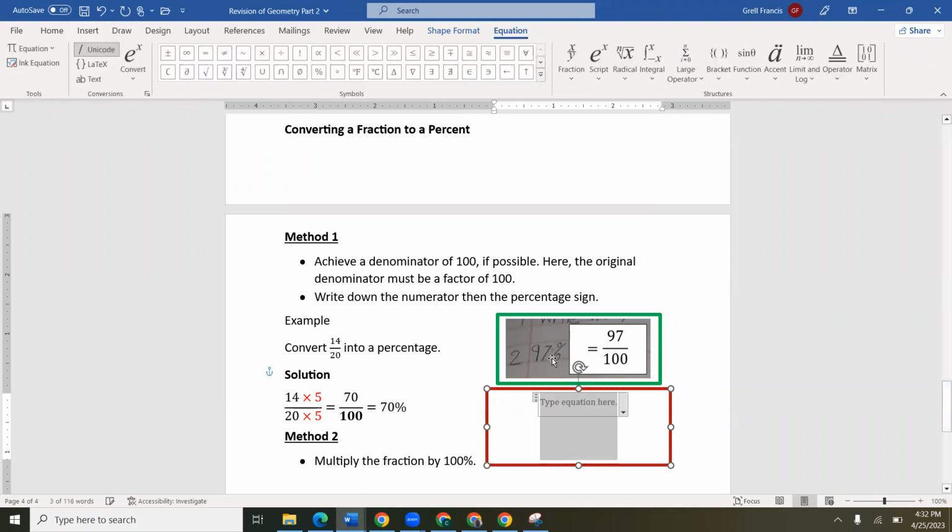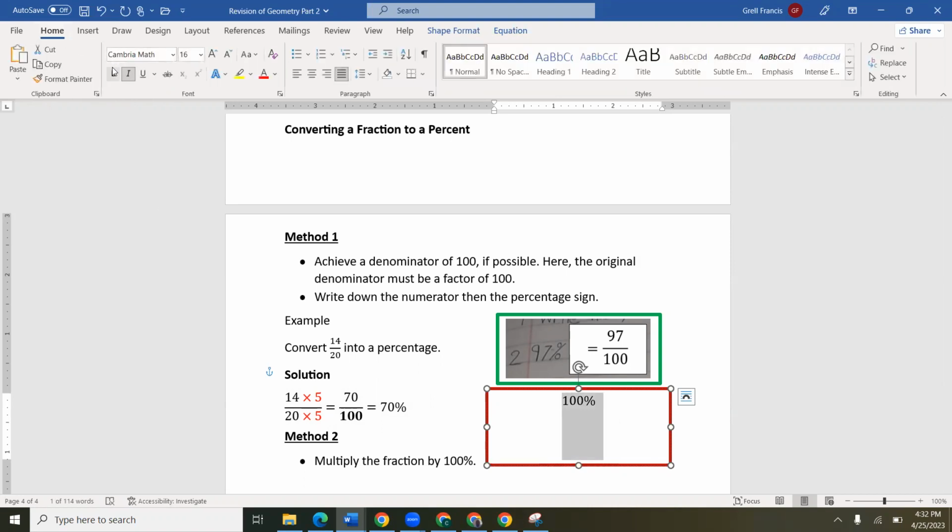We know that 97% is 97 over 100. 70% is 70 over 100. 99% is 99 over 100. What is 100%? By the same argument, 100% is equal to 100 over 100.